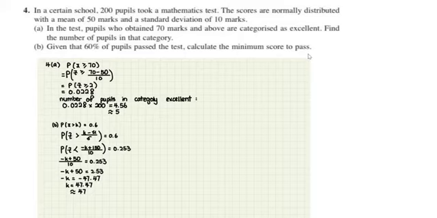Minus K plus 50 equals 2.53. Minus K equals minus 47.47. K equals 47.47, approximately 47.